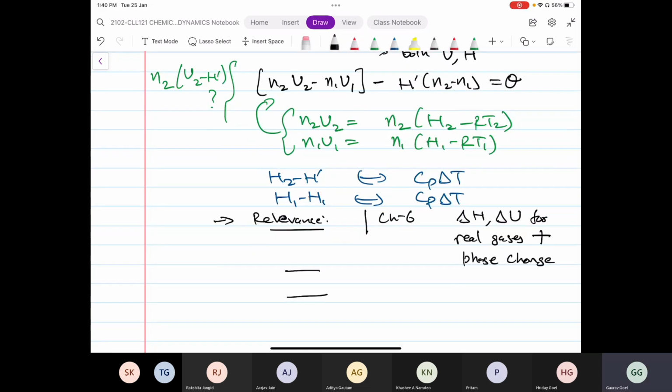So many times, a high pressure gas is being used. The conditions would be such that the ideal gas approximation is not going to be valid.